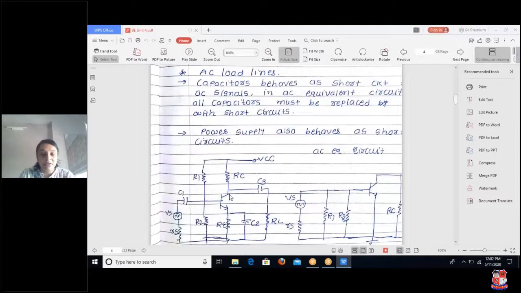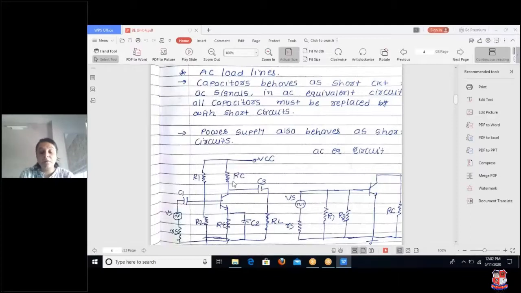This left-hand circuit is shown as a CE configuration. In the CE configuration, your emitter terminal is connected to the ground.